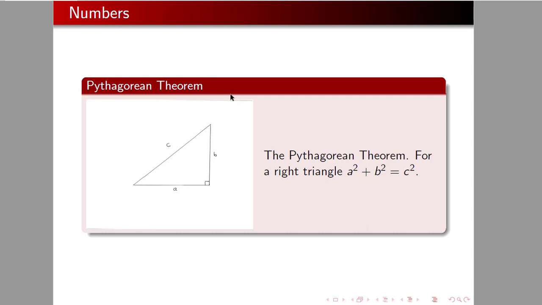Okay, and here I'm sure you've heard about the Pythagorean theorem, where if you have a right triangle with legs A and B and a hypotenuse C, then A squared plus B squared is equal to C squared.